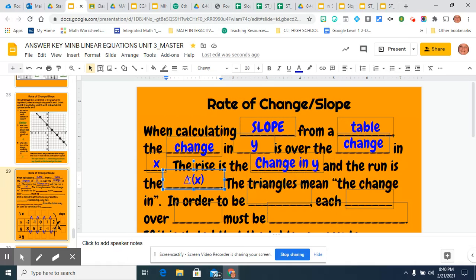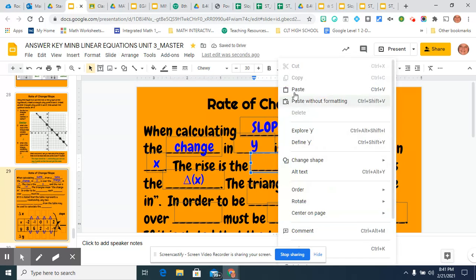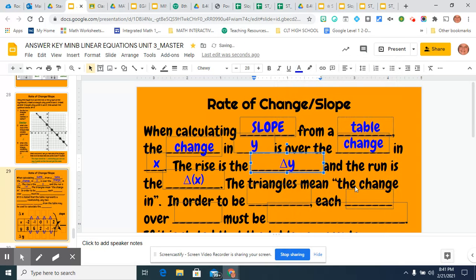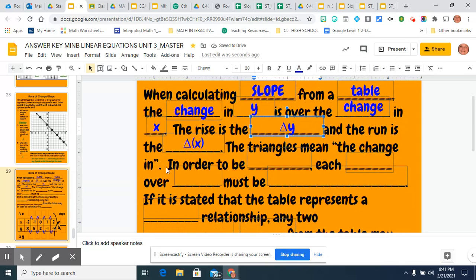We use this triangle to represent the word change. Okay, so the triangle just means the change in.